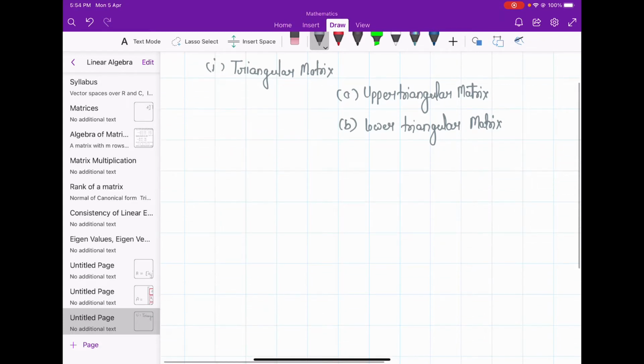In the upper triangular matrix, the elements below the diagonal will be 0. For example, suppose we take an example of 3 cross 3. The entries will be 1 3 2, 0 4 1, 0 0 and 6.